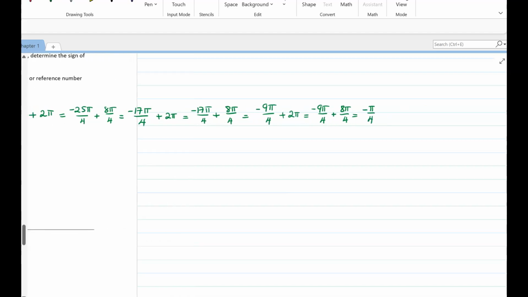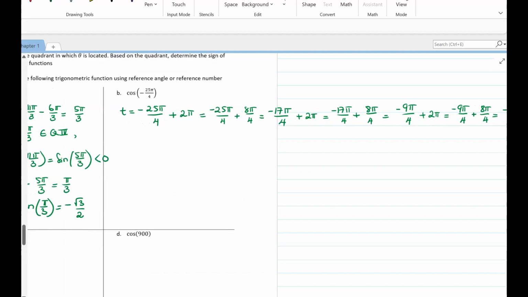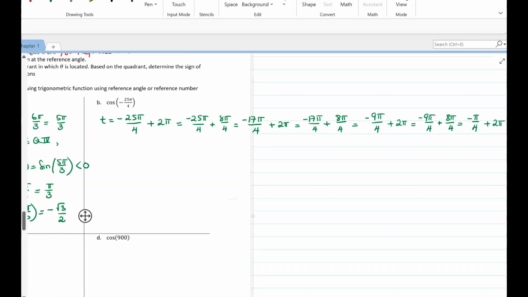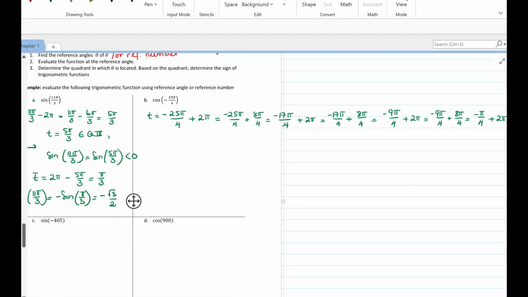Again, I want the angle that is in the range of 0 to 2 pi. So I'll go ahead and add another 2 pi, and this makes 7 pi over 4. So 7 pi over 4 is an angle in quadrant 4. So t equals 7 pi over 4 in quadrant 4.